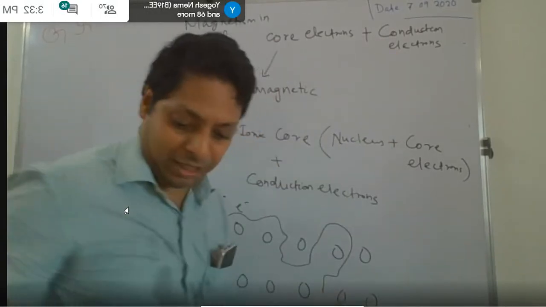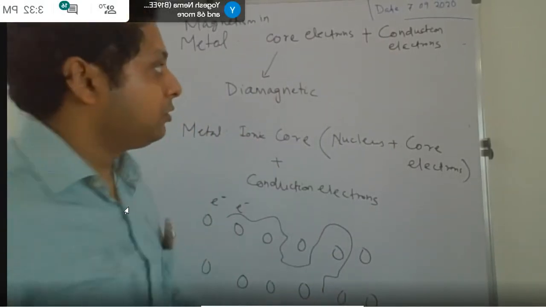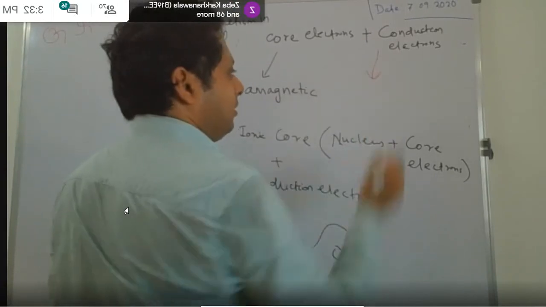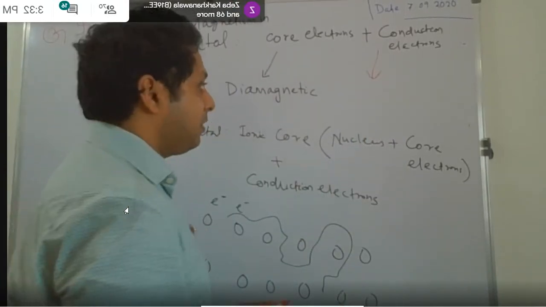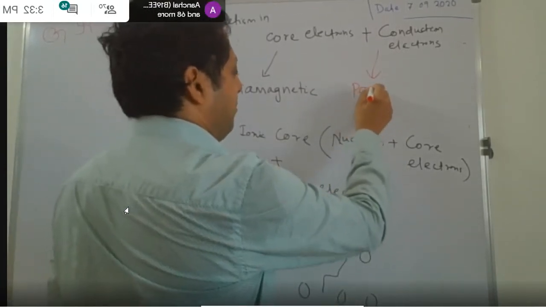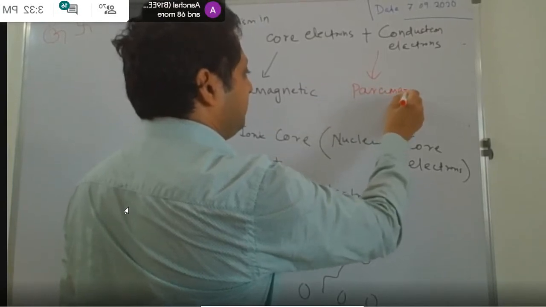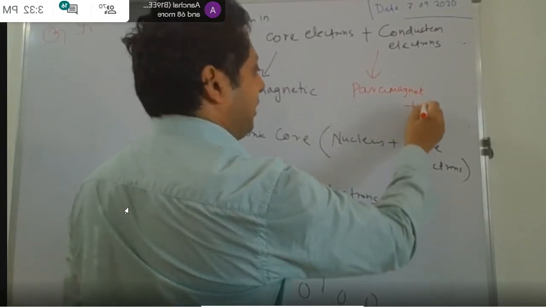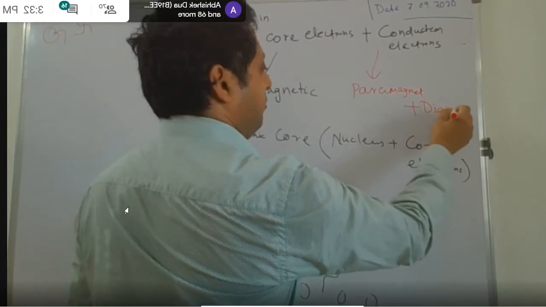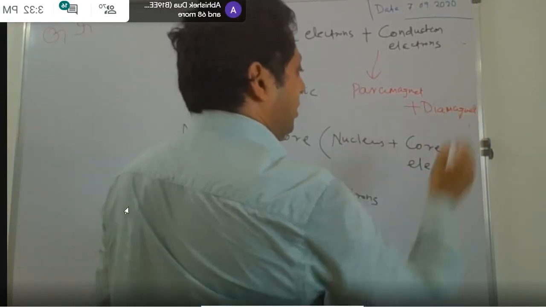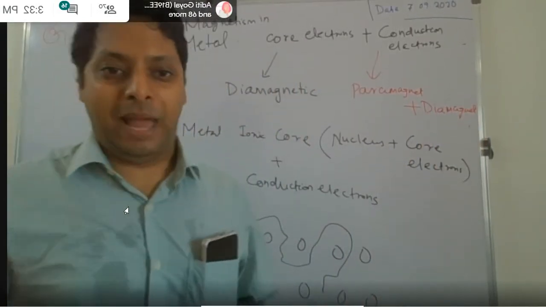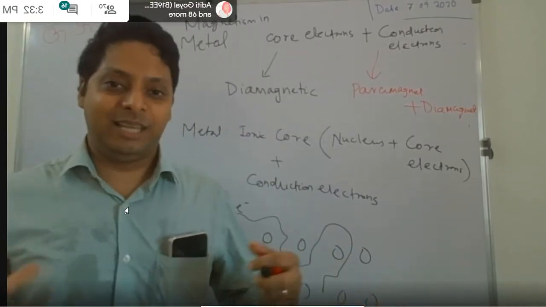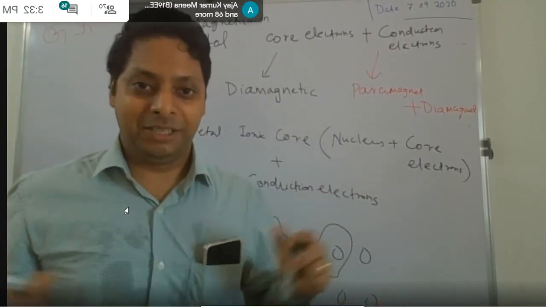But your conduction electrons can behave like a paramagnet, and can also behave like a diamagnet. So remember one thing: in magnetism, we say that all materials are magnetic.